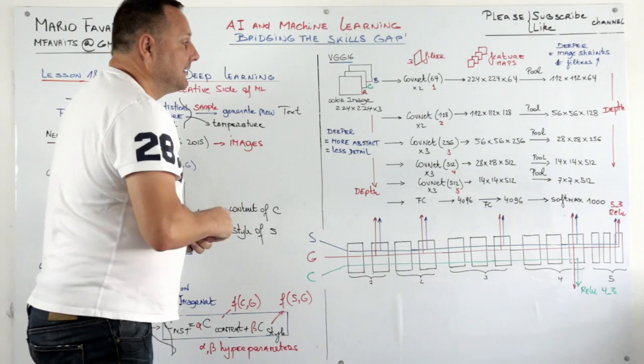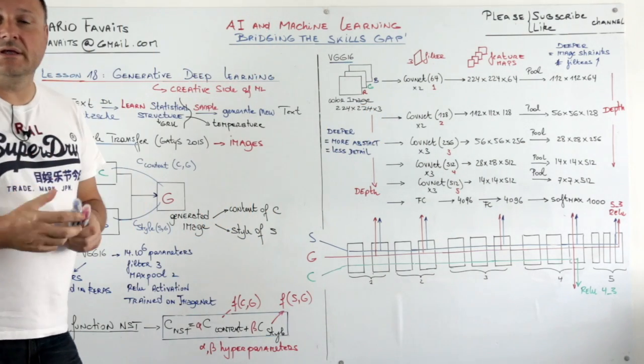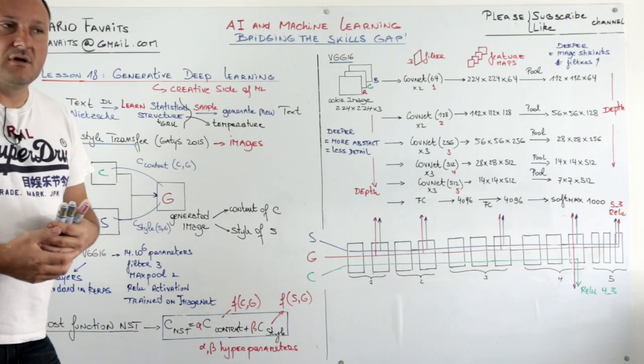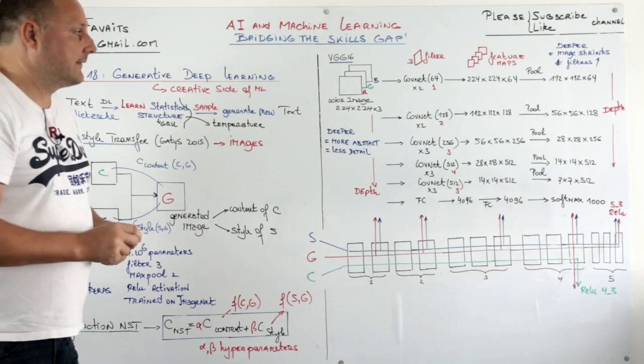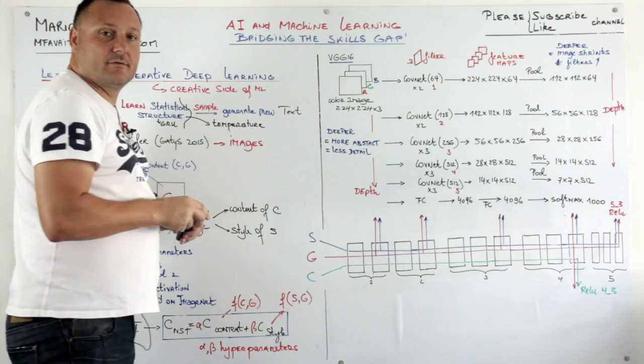On the contrary, if you want detailed features, you will detect edges, texture, color, and so on in the more shallow layers.